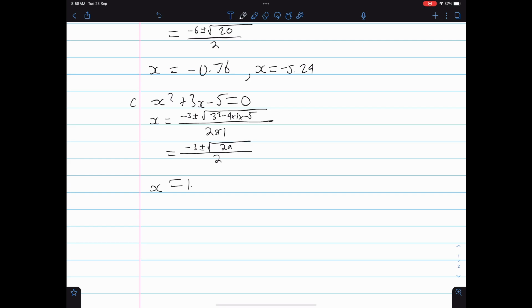So x equals 1.19, or x equals minus 4.19.